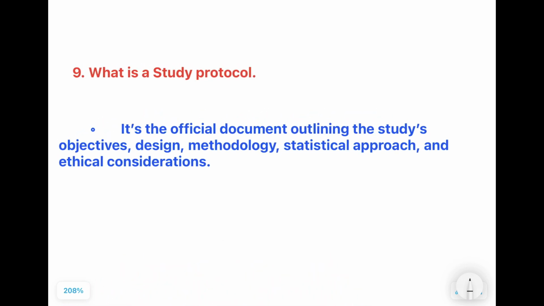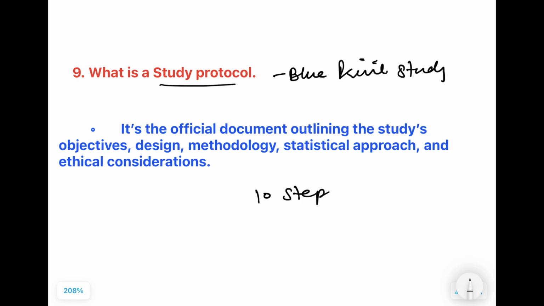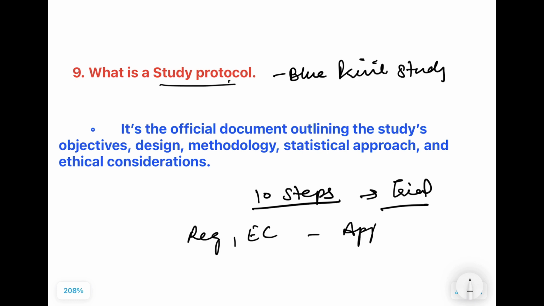Another question is, what is a study protocol? You can simply say it is a blueprint of the study. If there are 10 steps, those mentioned in the protocol will be followed in a trial. And this is the document that regulators review, that the ethics committee reviews, and they give an approval. So this is how it is important. It is an official document, and your GCP principle, a scientifically sound study, is determined by the study protocol.